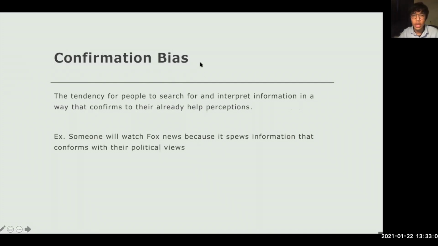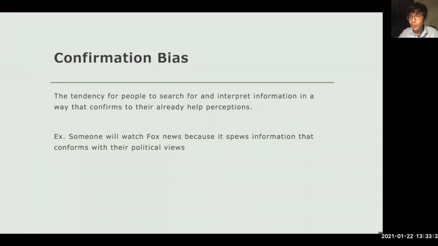The next one is confirmation bias. The tendency for people to search for and interpret information in a way that conforms to their already held perceptions. That is known as confirmation bias. For example, confirmation bias essentially states that you believe in something and you're actively trying to feed yourself the information that supports that belief.